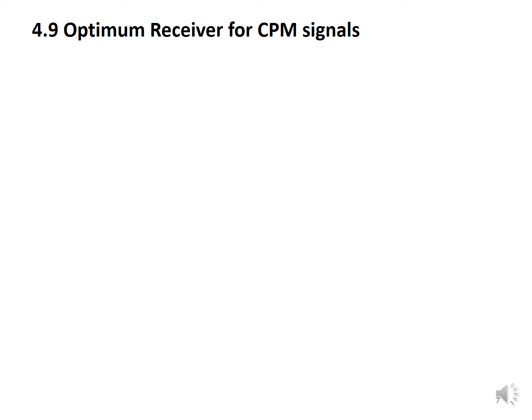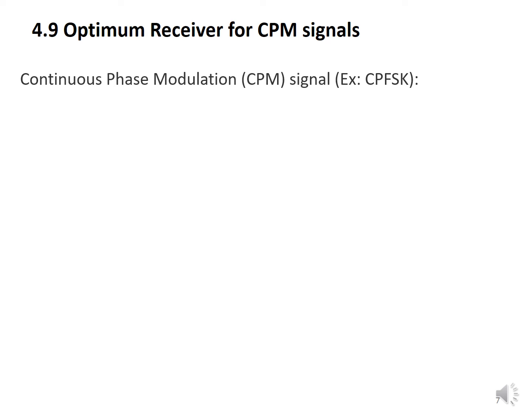So next we're going to talk about the optimum receiver for CPM signals. CPM is continuous phase modulation. Suppose we have continuous phase modulation, for example, continuous phase FSK.